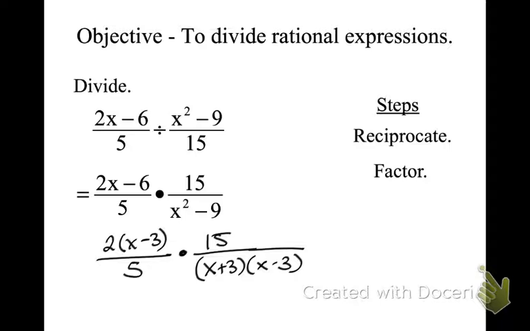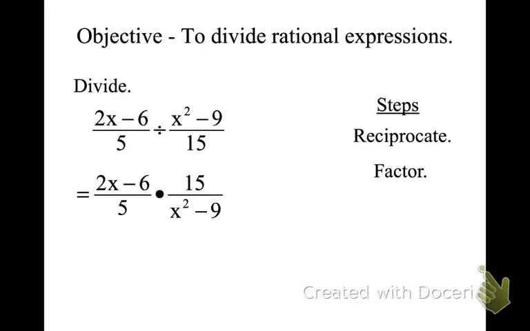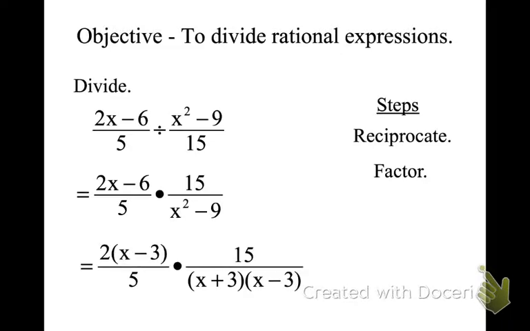I can cross cancel my x minus 3. The next step is to notice my expression that I'm dividing works downward. Don't add equal signs. Now we're going to reduce by cross canceling. So I get rid of the x minus 3.